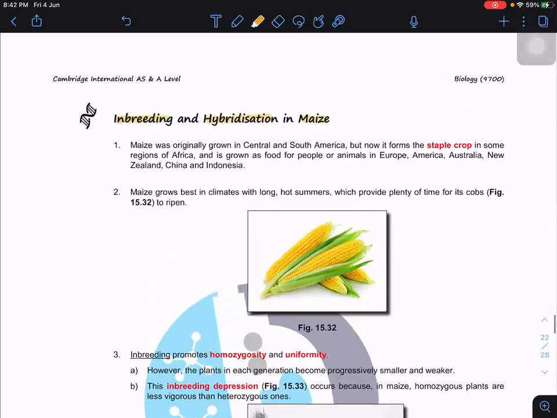Okay, now hybridization here, you have to be careful, because we have two forms of hybridization. In today's topic, we are talking about intraspecies hybridization.